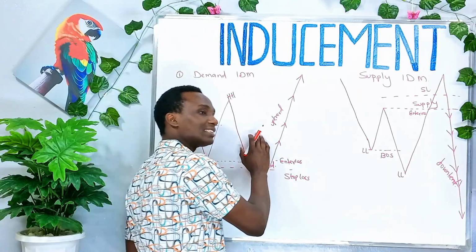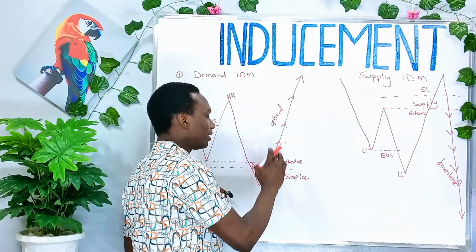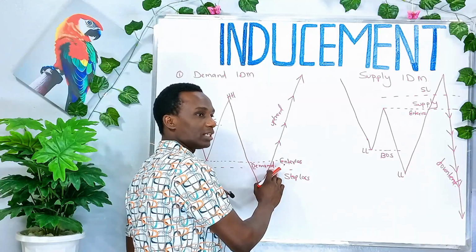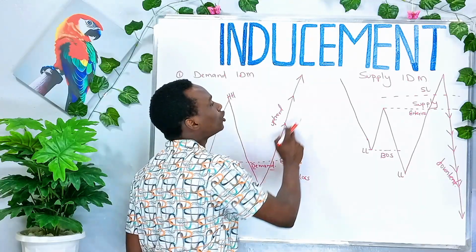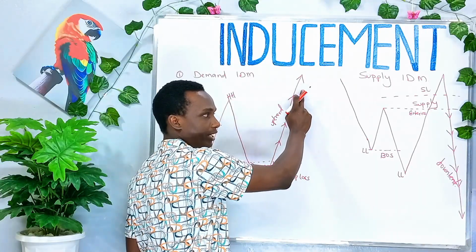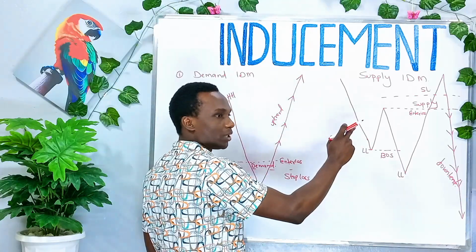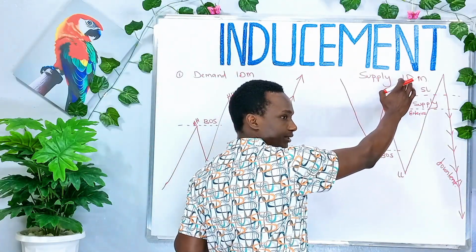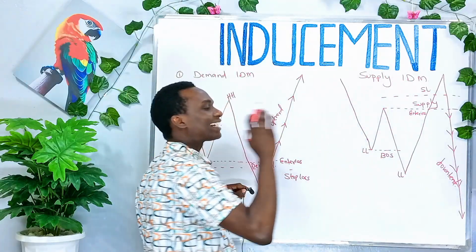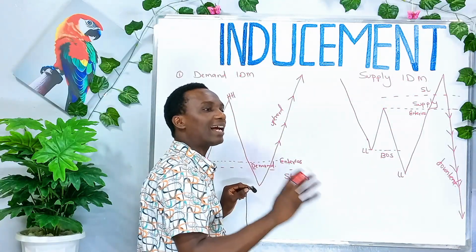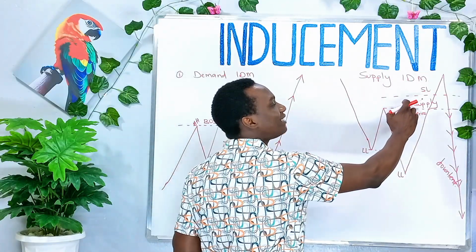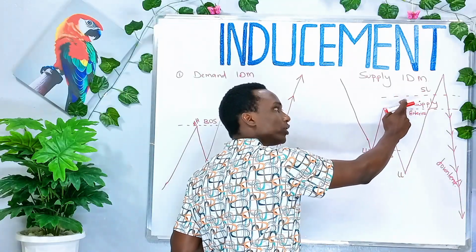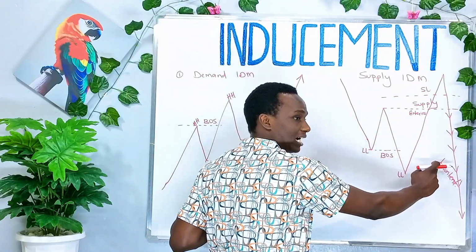So in a bullish trend, as we can see from this demand zone, the expectation is that once the price gets to this demand zone, the market will reverse and continue with this bullish run. The inverse is true in a bearish trend where we have supply inducements: you would expect the price to retrace to this previous supply zone before reversing down.